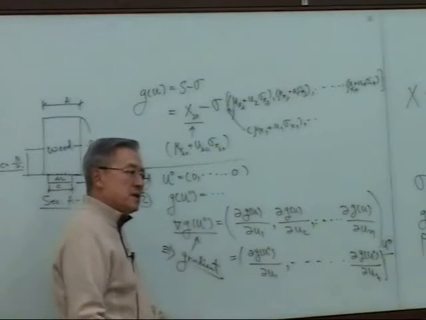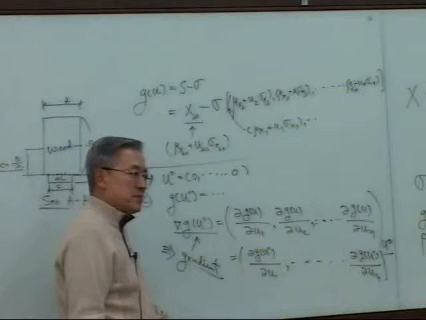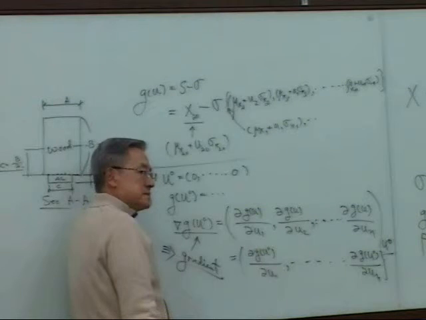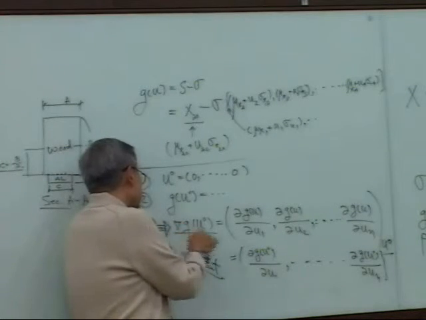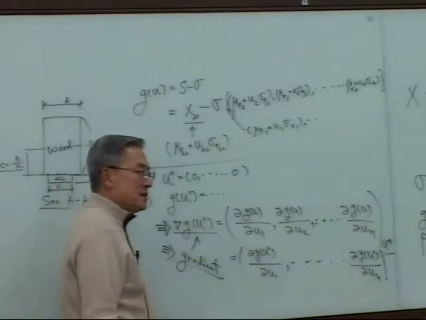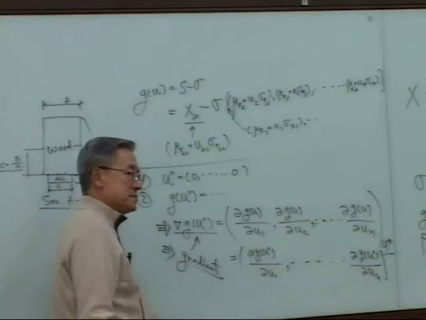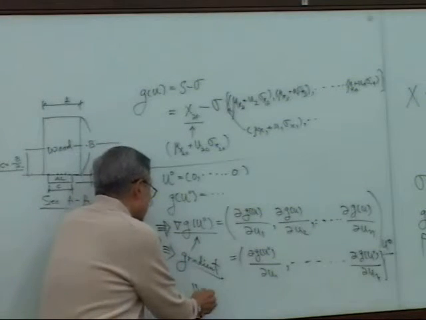Or you can just develop the code yourself. Then you have to get this. This is the one I call the area you have to overcome. Once you have that, then this is easy, right?